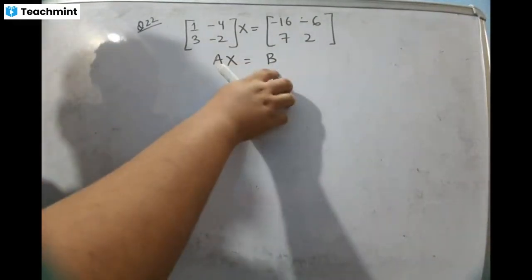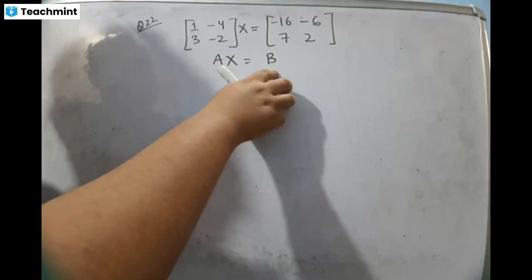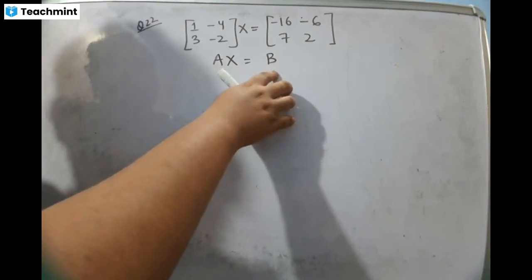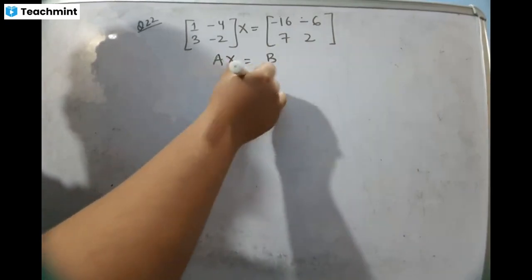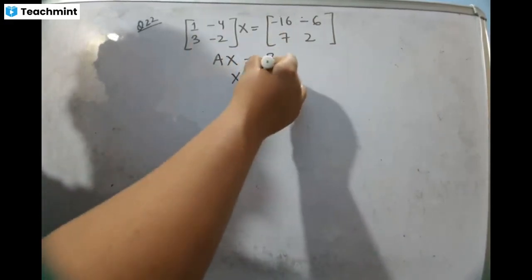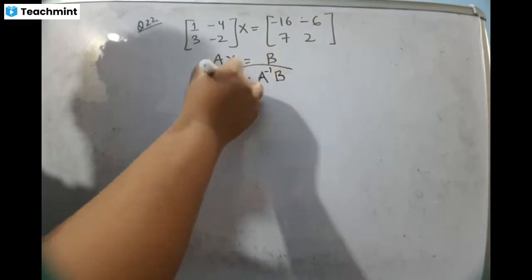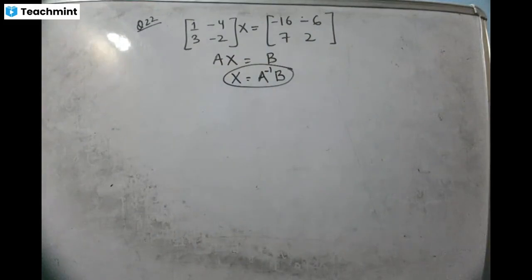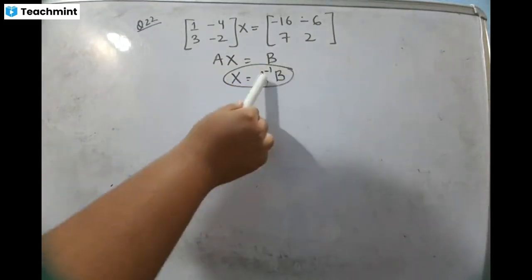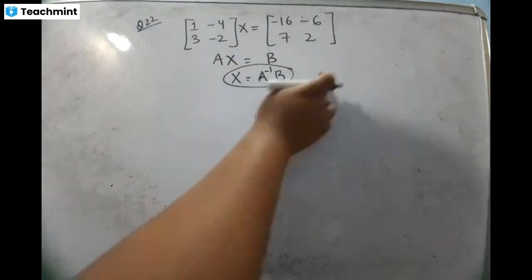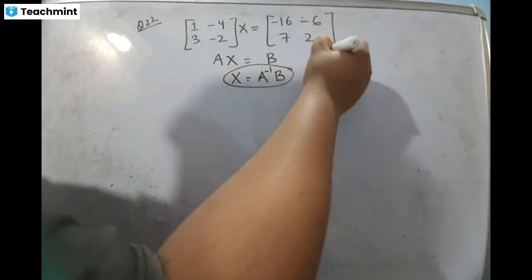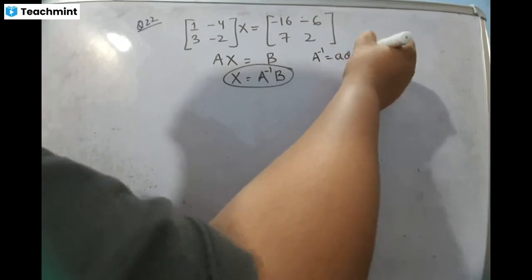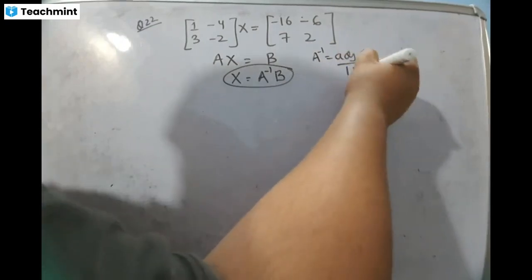Since you cannot divide two matrices, you are going to bring A up, so it becomes A inverse B. So to find capital X, the formula I'm going to use is A inverse B. B we already know. The only thing I need to find is A inverse. You know the formula: A inverse is adjoint of A divided by determinant of A.